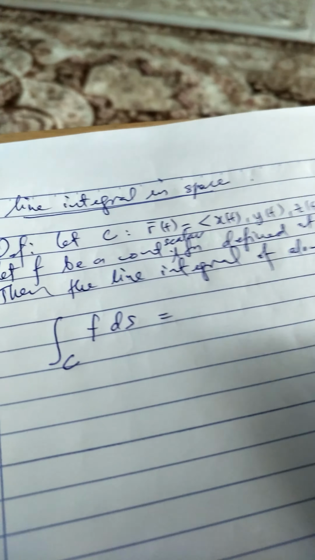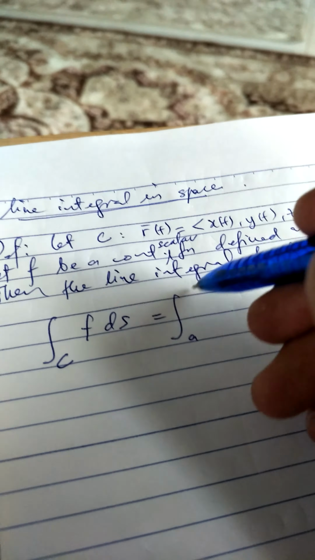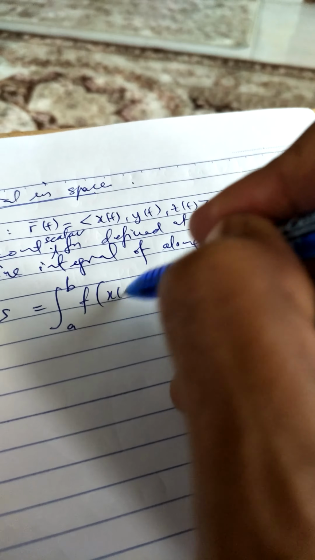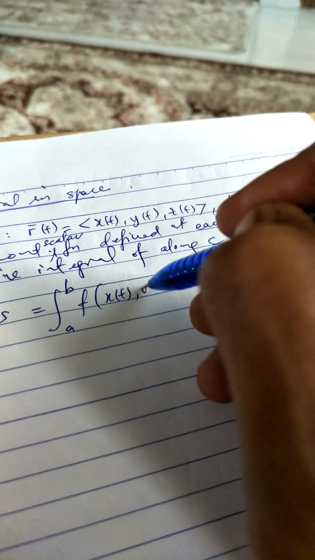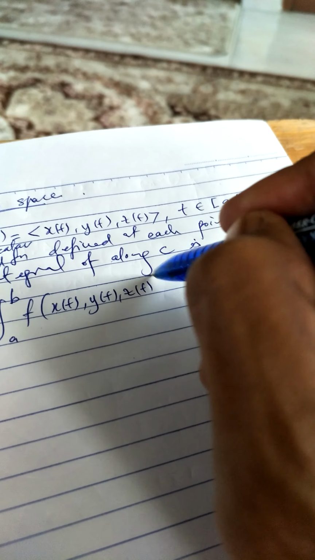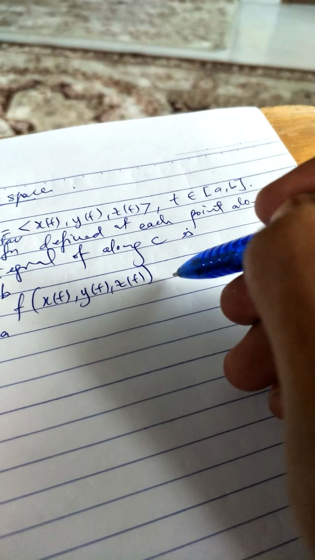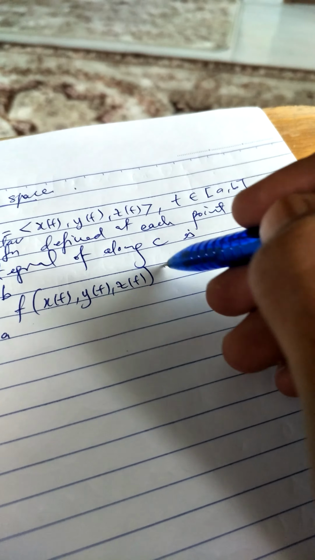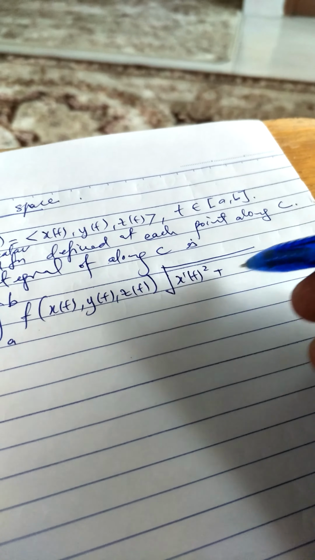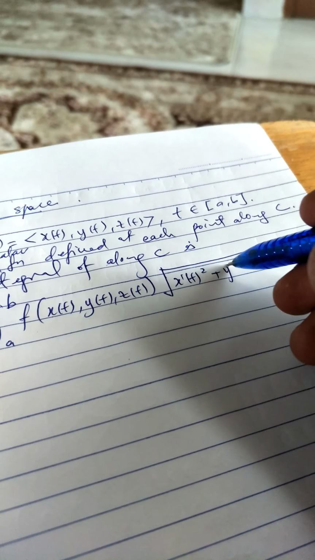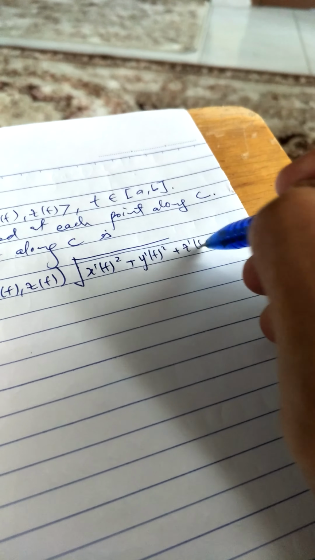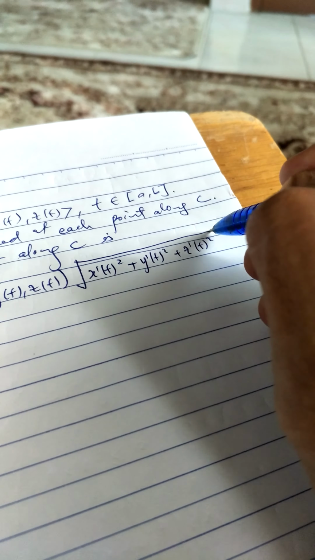This is equal to integrate from a to b f, a function of x(t), y(t), z(t), ds. ds is given as square root of x prime t squared plus y prime t squared plus z prime t squared dt.